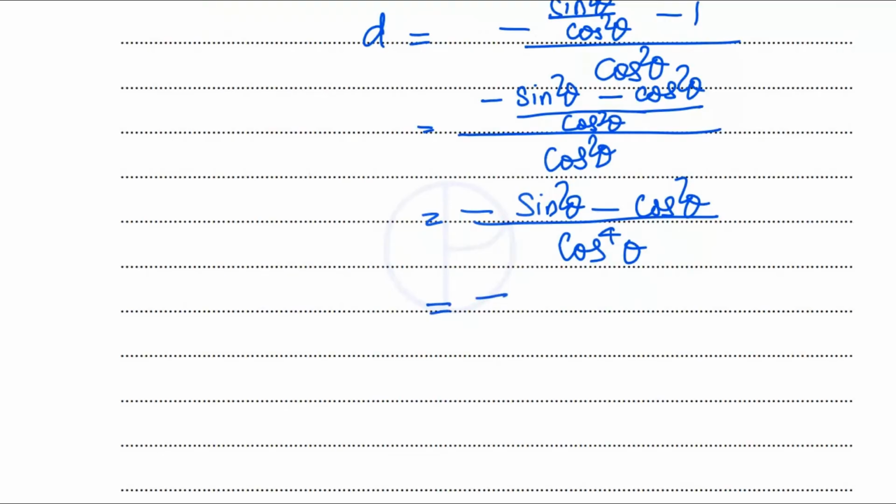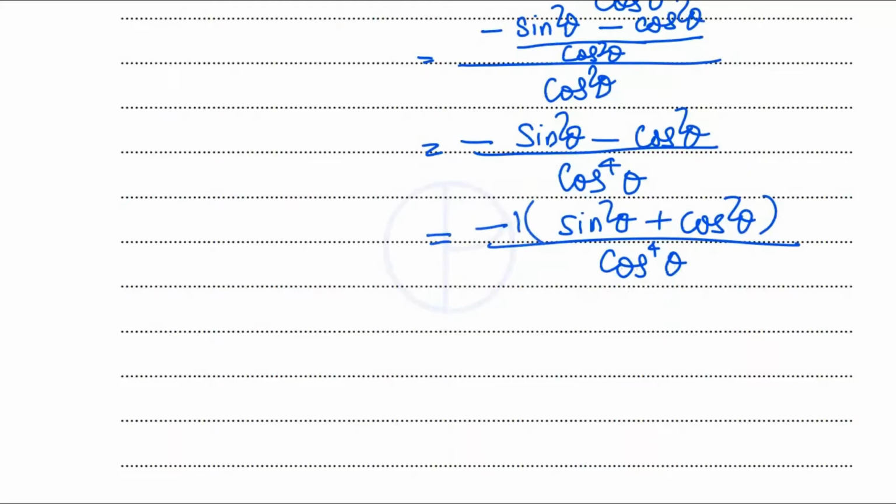And in the numerator take negative 1 as a common term. So we get sin square theta plus cos square theta divided by cos power 4 theta. Okay. Sin square theta plus cos square theta is equal to 1. So this is equal to negative 1 over cos power 4 theta. This is d. So hence we proved.